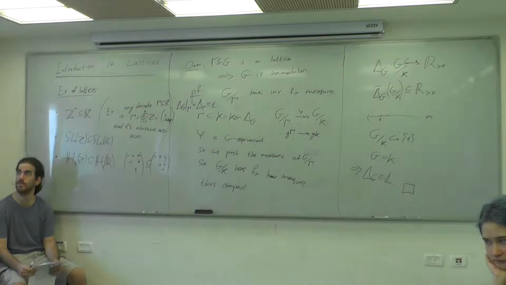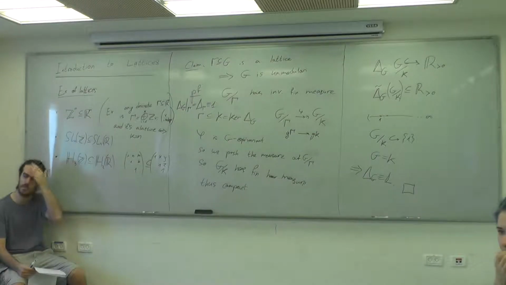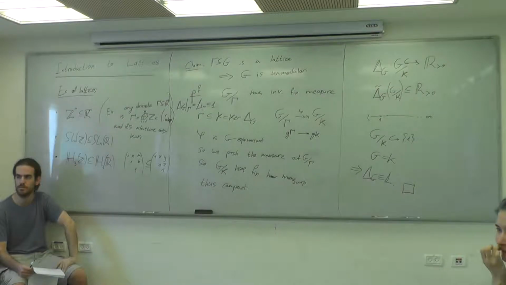So g equals k1 inverse times k2. So it means that big G is contained in K inverse times K, which is a compact set. So G is compact.